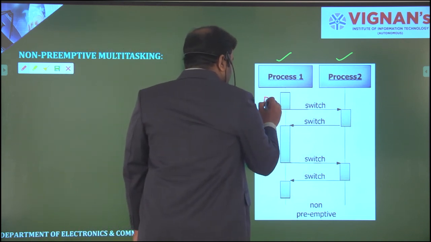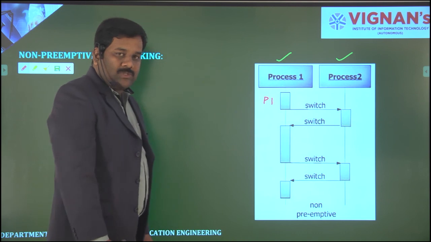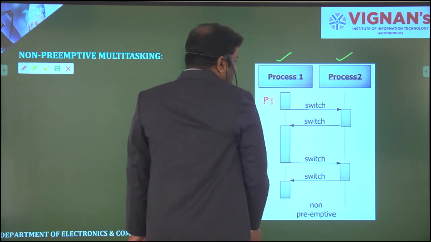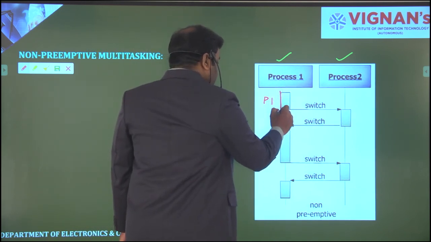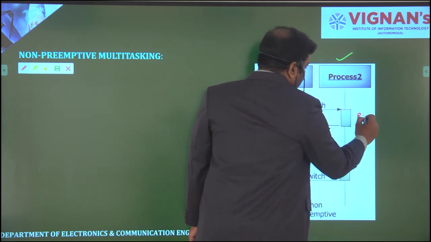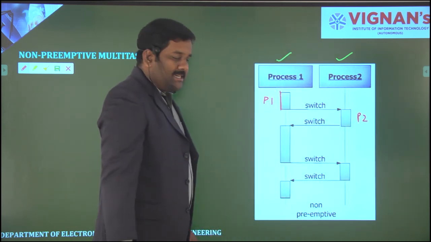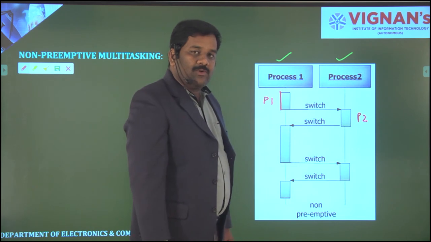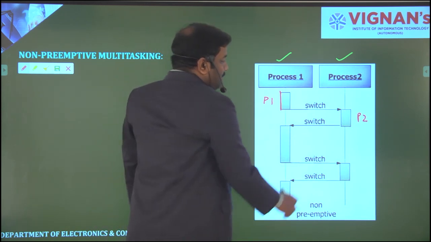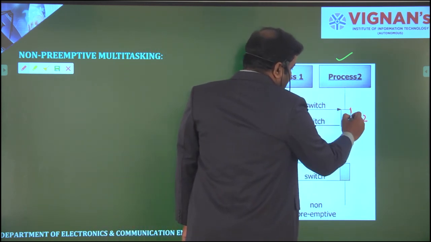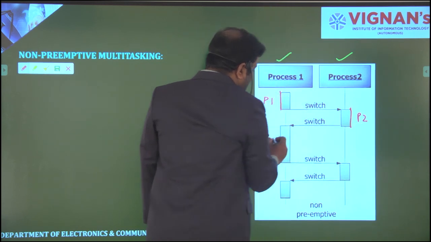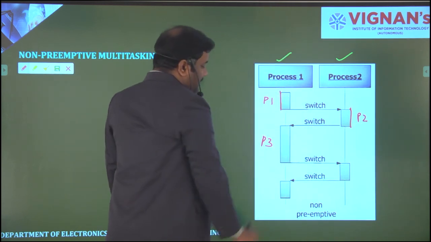So I started with P1. After completion of P1 only, it has to switch to P2. Up to that point, P2 has to be in waiting state. Once P2 started execution, until P2 is completed, it cannot go to P3, process 3.